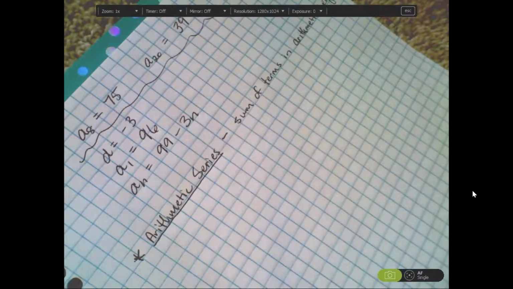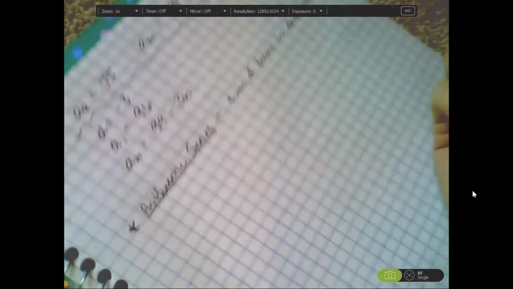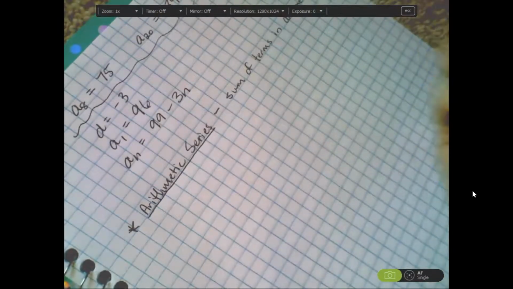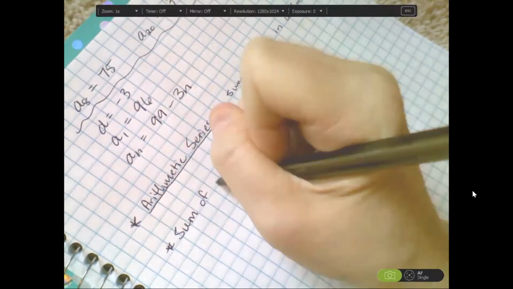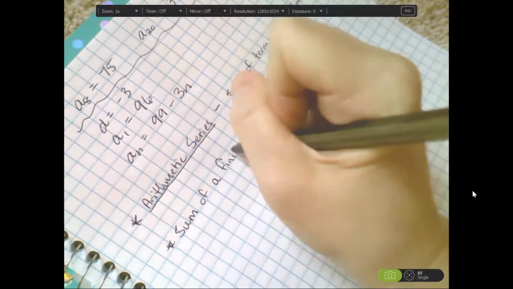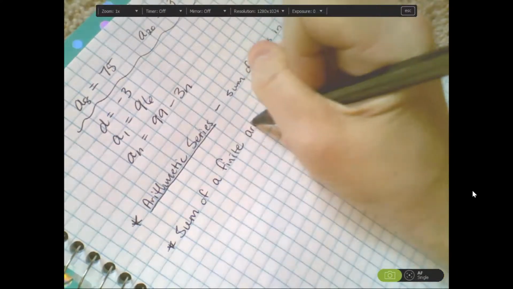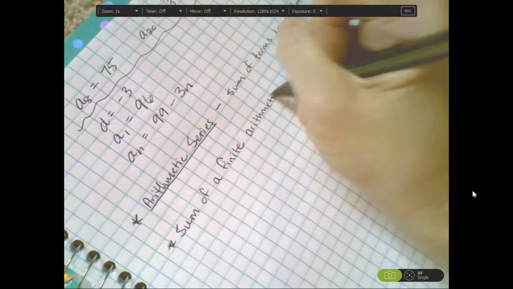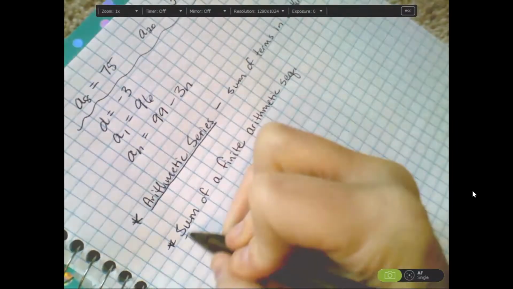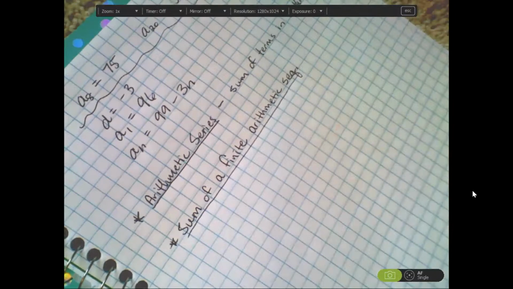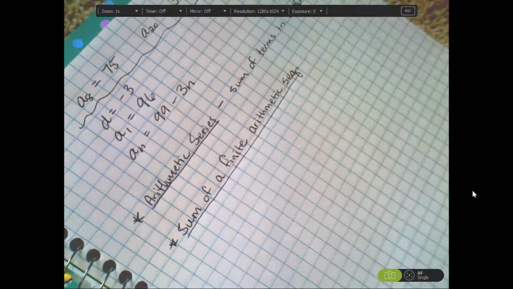Okay, so the first thing that we're going to talk about here is how to find the sum of a finite arithmetic sequence. Remember, finite means it stops somewhere.